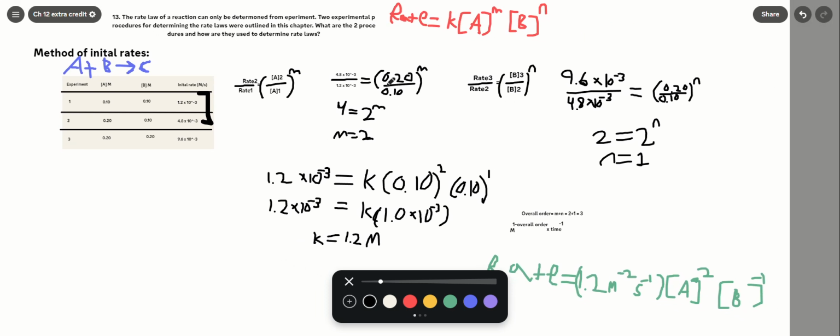And you would use this formula to find M and also N, but you would also do the same thing for rate 3 and rate 2, as well as B3 and B2.